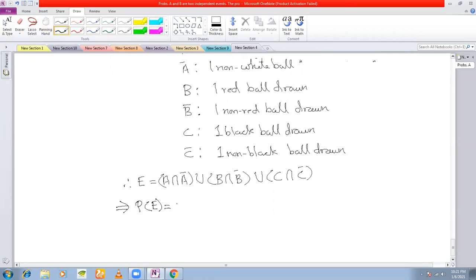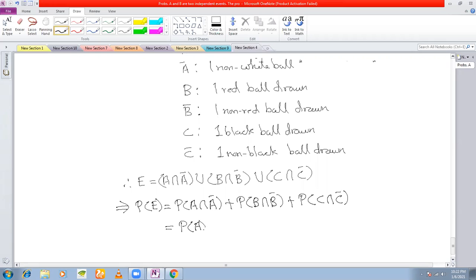Therefore, P(E) is P(A intersection A bar) plus P(B intersection B bar) plus P(C intersection C bar). Now, since A, B, C are independent events, A bar, B bar, C bar are also independent events.